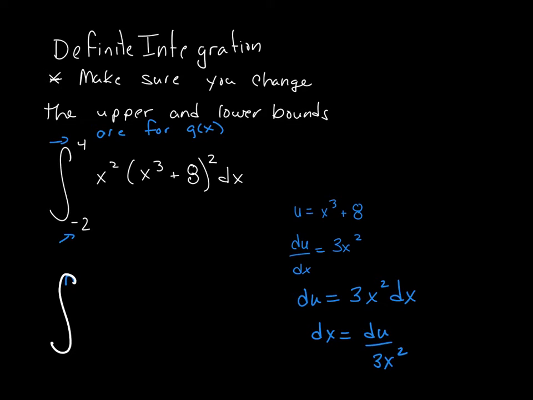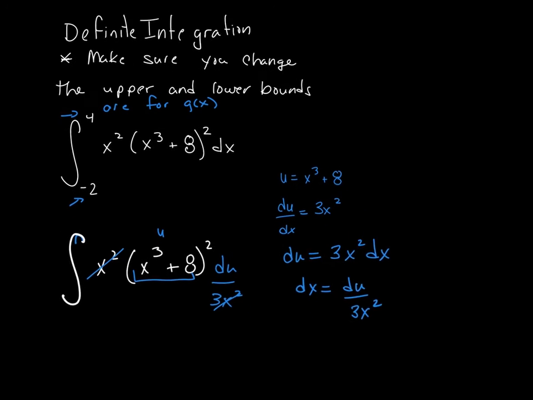So right now I know that what I have is x squared, and I'm doing this out step by step just to make sure. This becomes x to the third plus 8 squared. All of this inside here is going to become u, and then dx is just du over 3x squared.